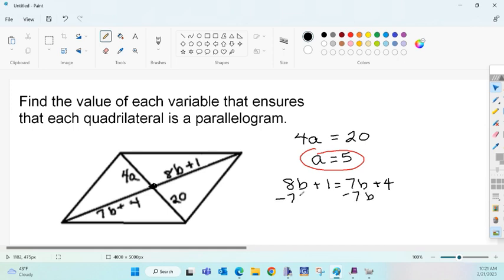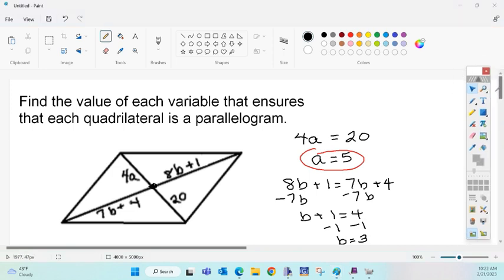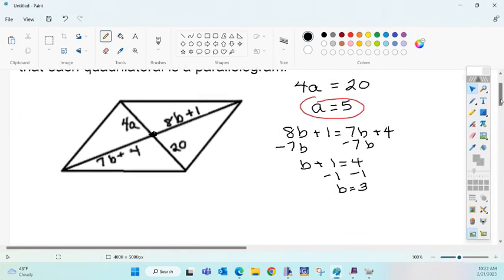Let's subtract 7b. That will give you 1b plus 1 equals 4. And then we can take away your 1. You could do that all in one step if you want to, but from what I've found, students are more likely to get it right if they handle the variable first.